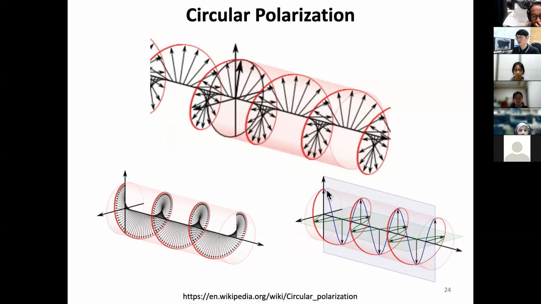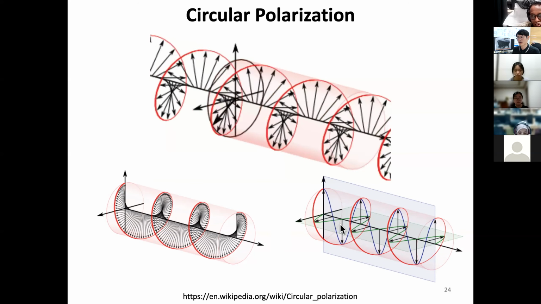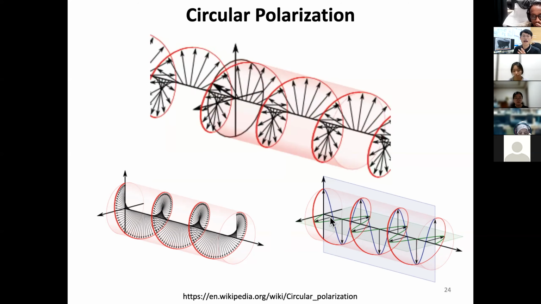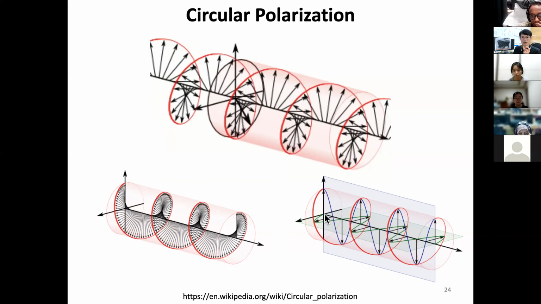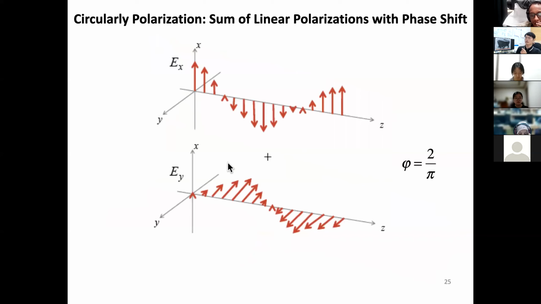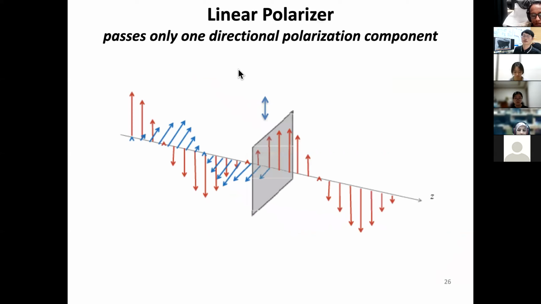You can decompose it into vertical and horizontal in a lambda over 2 wave, like a half wave is a phase retardation between the two. That's why it looks like this. So in general, circular polarization can be a linear polarization sum of vertical and horizontal with, okay, sorry, this is a pi over 2. This is flipped.